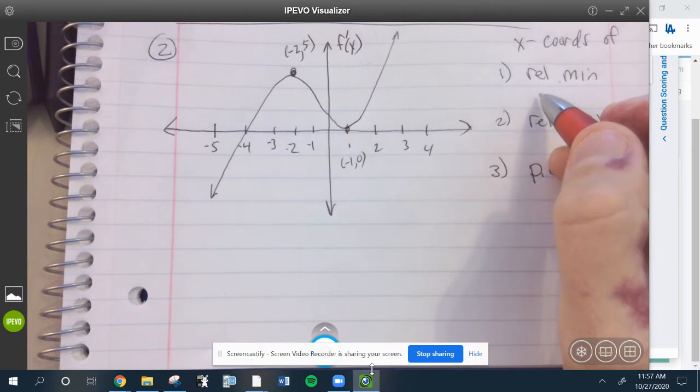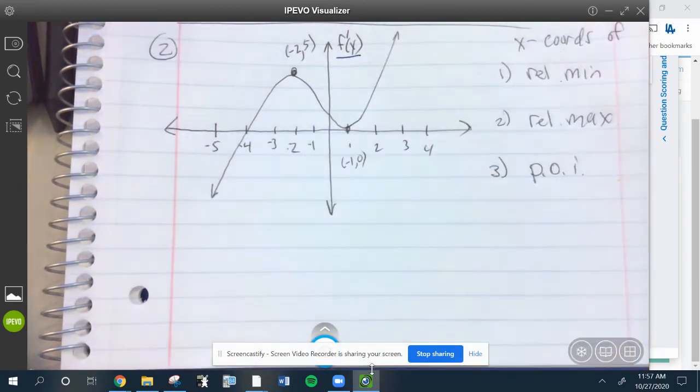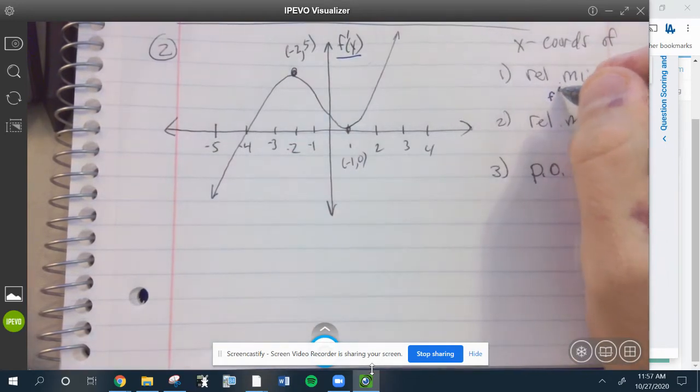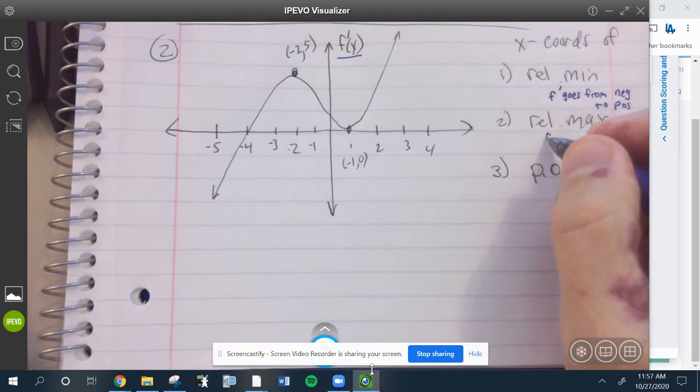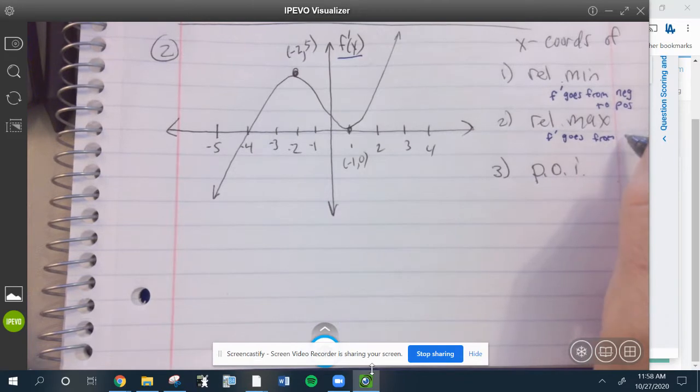So for number one, a relative minimum happens when the derivative, remember everything's going to be in terms of derivative now, when the derivative goes from negative to positive. A relative max is when the derivative goes from positive to negative.